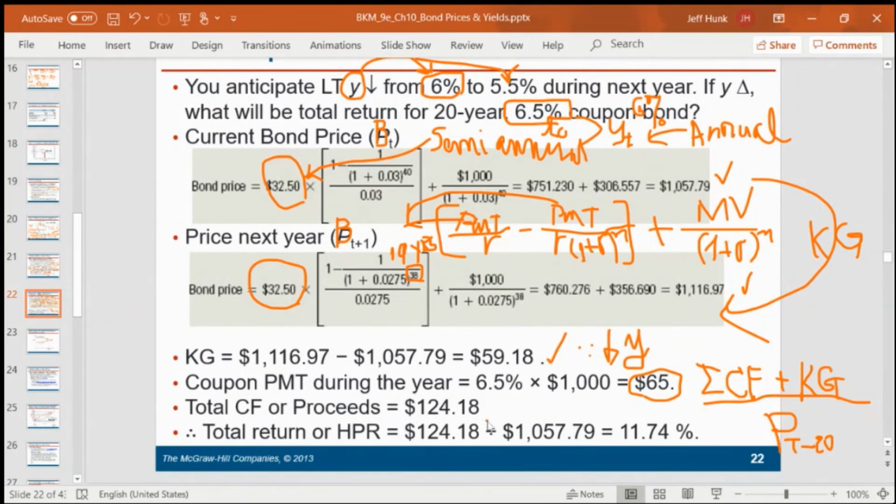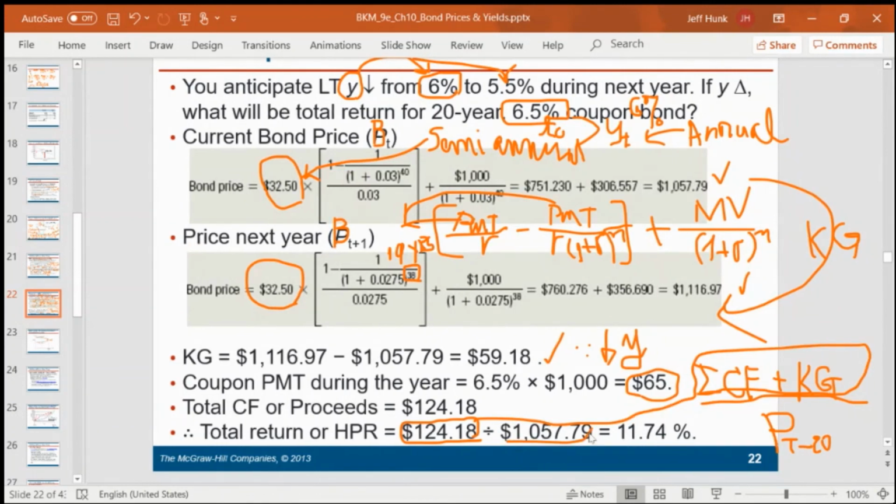This is the numerator part, and this is the denominator part. So this way, your total return or holding period return is 11.74%.